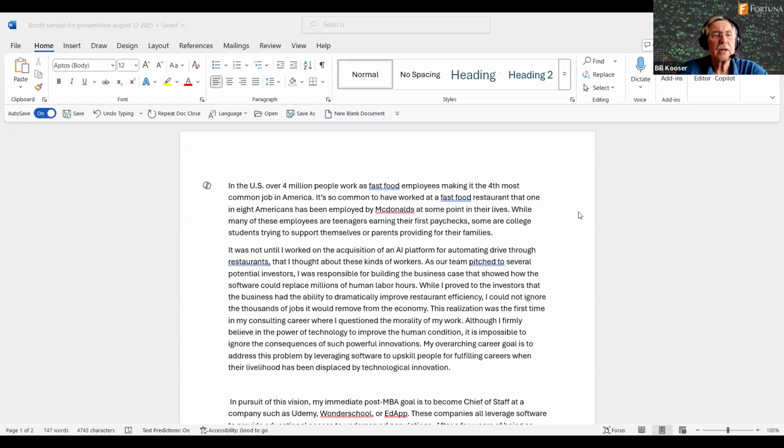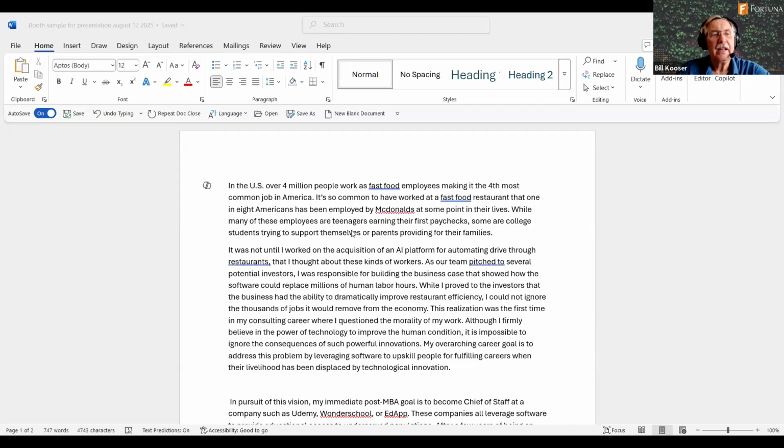So this particular essay starts with a little story about the fact that so many people work in fast food, and then goes on to say that the candidate had worked for a company that had developed some automation techniques that would allow these fast food industries to reduce their employment. And that concerned him.